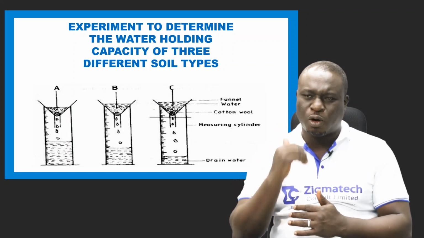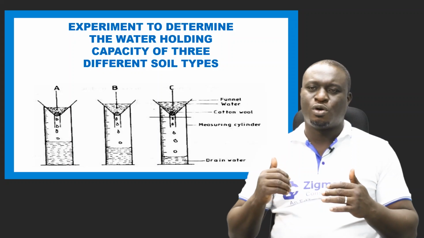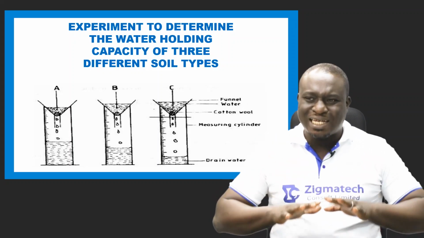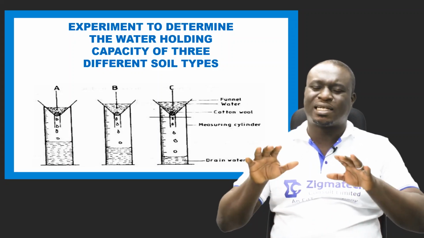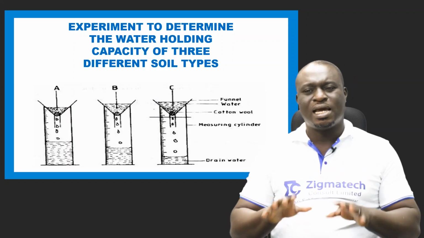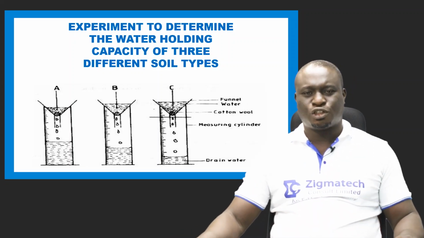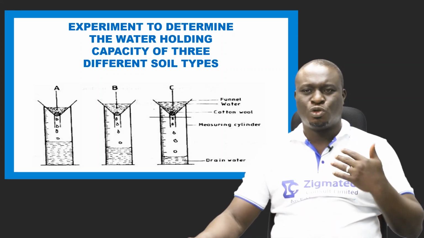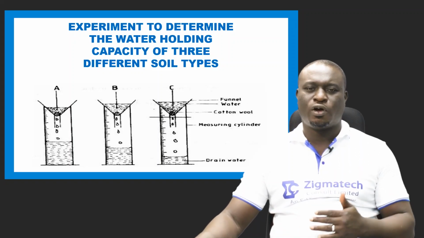It's actually small compared to A and B. So in other words, in conclusion, C holds more water or retains more water, and C, like we said in the first place, is clay soil. B is loamy soil, and then A is sandy soil. So this is how we carry out an experiment to determine the water holding capacity of these three soil types.